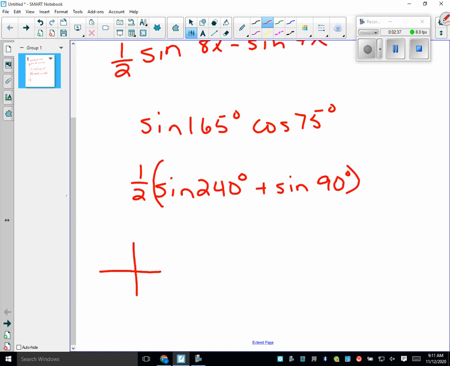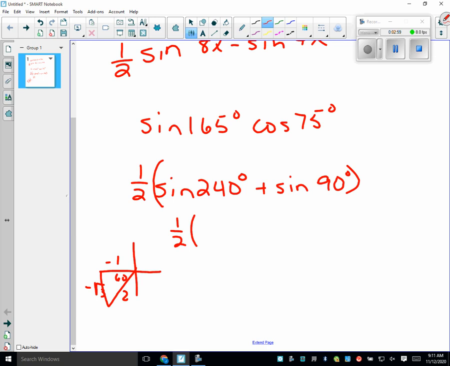What quadrant is that in? Okay. 60, right? And so this is negative radical 3, 2, and -1. So I have 1/2. What's the sine of 240 degrees?